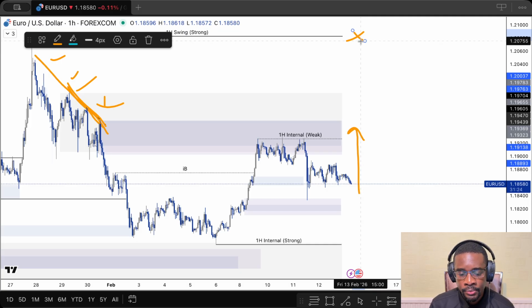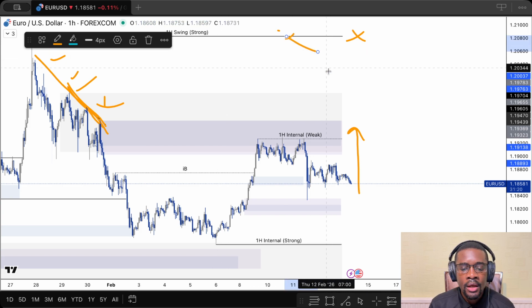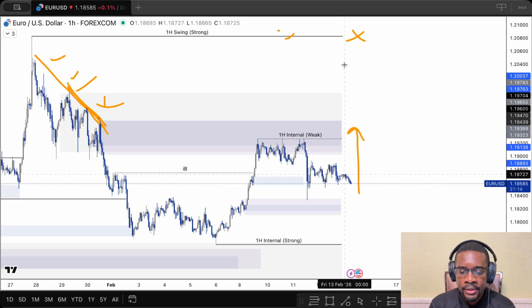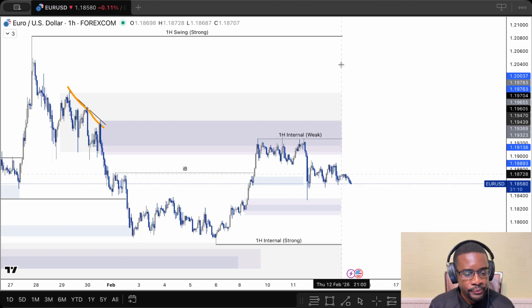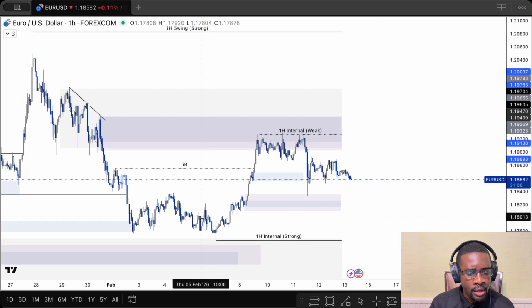So those are likely to be taken. Yes, on the 1 hour, this is a strong swing. So when price goes up there, we might get a reaction, but more likely than not, I'm anticipating that to fail.